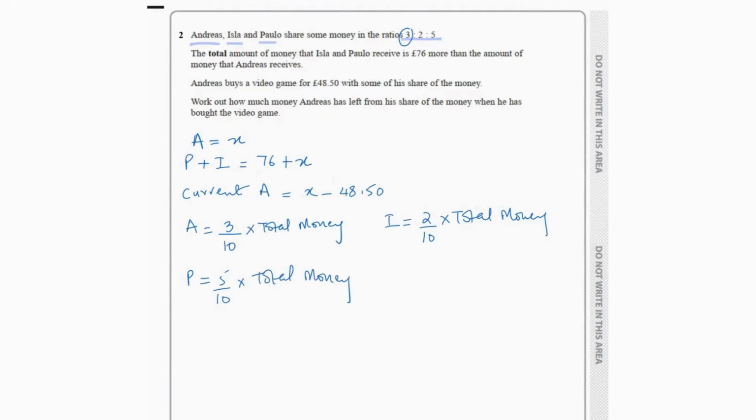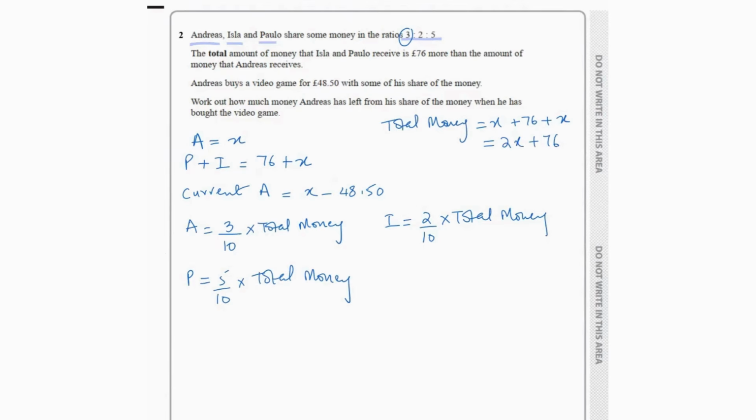Going back to our initial equations, we said that Andreas receives x and Paolo plus Isla is 76 plus x. So total money would be x plus 76 plus x, because the total money is shared among these three people. When we add their shares, that gives us the total money, which is 2x plus 76.